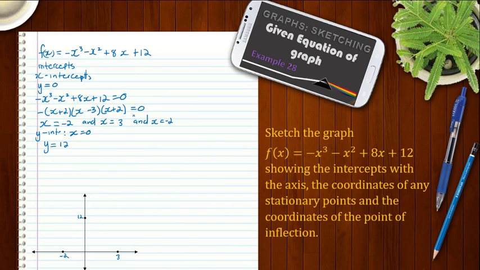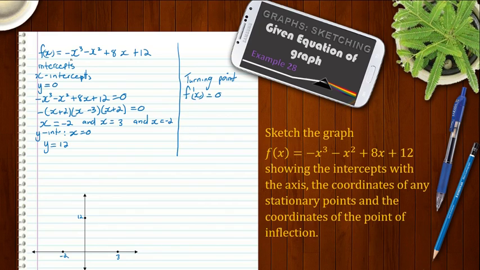Okay, so next up, we found our intercepts. Next step is to find the turning points. Okay, so I'm just going to use this space over here. To find the turning points, I need to say the first derivative equal to 0.